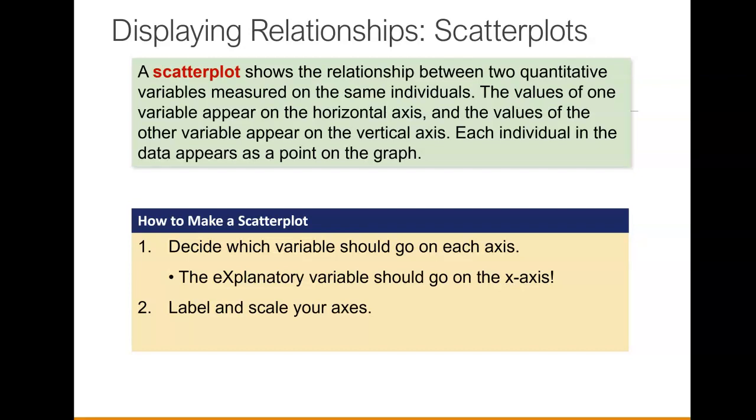And then the number of stolen bases, I would probably not go by ones, but probably 5s or 10s, because some people steal 50, 60, 100 bases in a season, which was very uncommon for a while. I think somebody stole a bunch of bases this year. But you have to think about what your data set looks like to pick a decent scale. And then you just plot the individual data values once you've done that. So basically you're just plotting points, right?